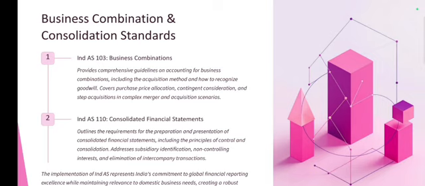Okay, so the next slide is business combination and consolidation related Ind AS. So the two points are Ind AS 103. Okay, 103. It deals with the business combination. It provides comprehensive guidelines on accounting for business combination, including the acquisition method and how to recognize goodwill.